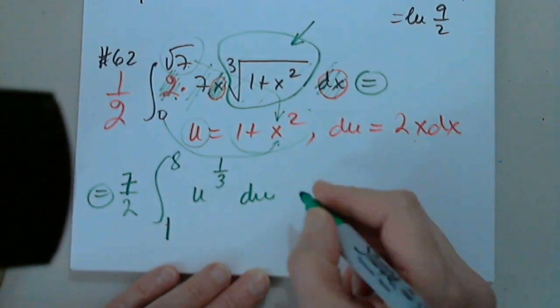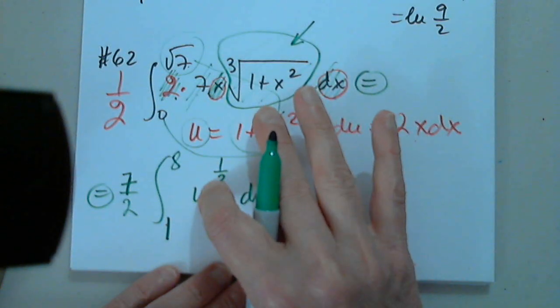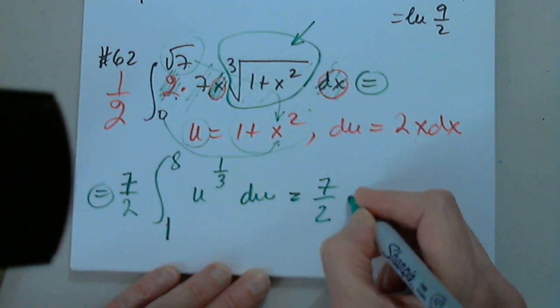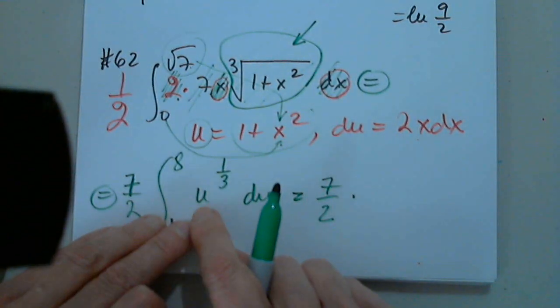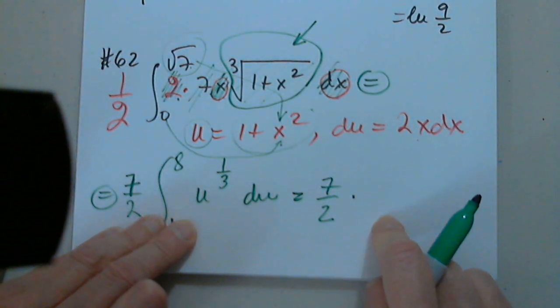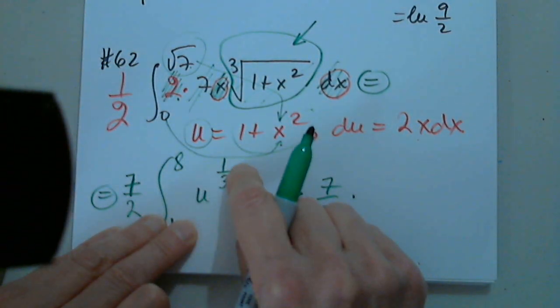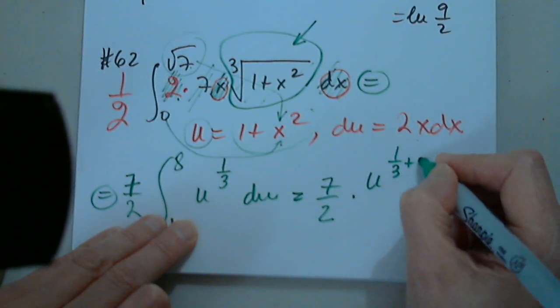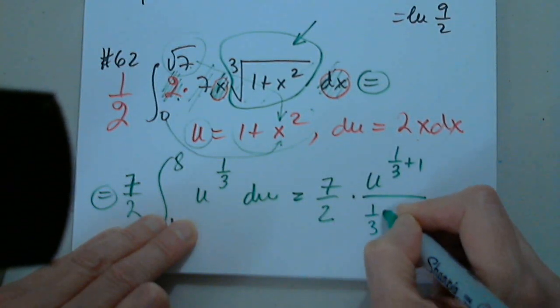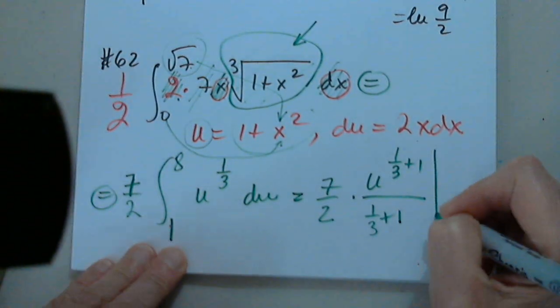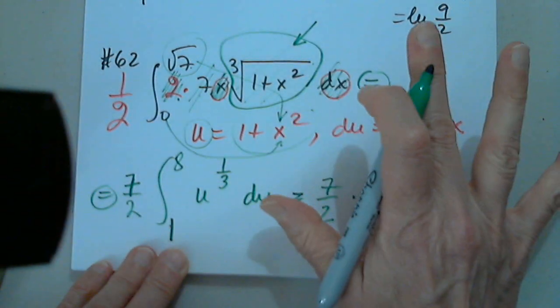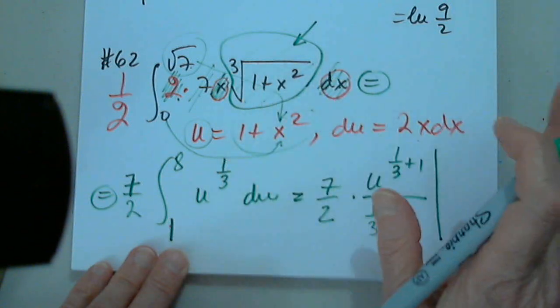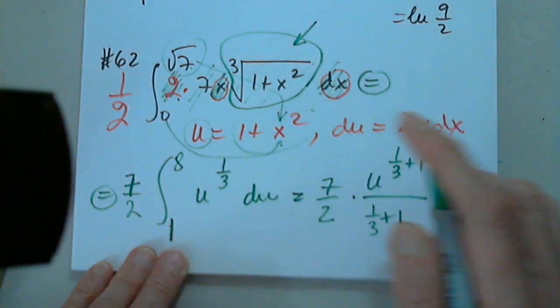Awesome. Now, only now are we integrating. 7/2 outside times, which function prime is u to 1/3? Remember, this is slightly more difficult because you have to write 1/3 plus 1 over 1/3 plus 1. There is no constant, right? This is a definite integral. The answer will be a number, no constant, from 1 to 8.